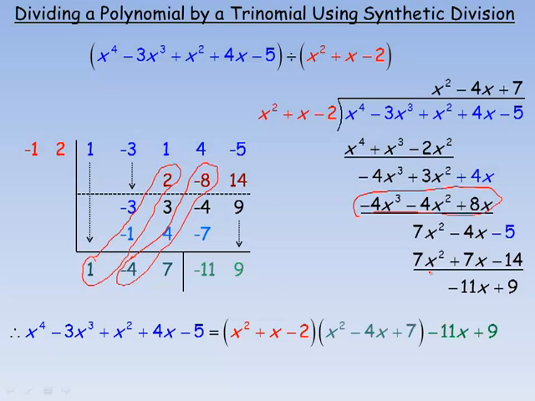The second two numbers are opposites. And the same with the 7, 7, negative 14. 7 is the same, and the second two are the opposite sign. And that's just the way that synthetic division works. So that's the comparison between the synthetic and long division. But that's how synthetic division works when you're dividing by a trinomial.